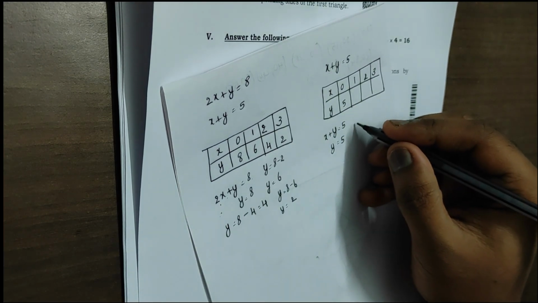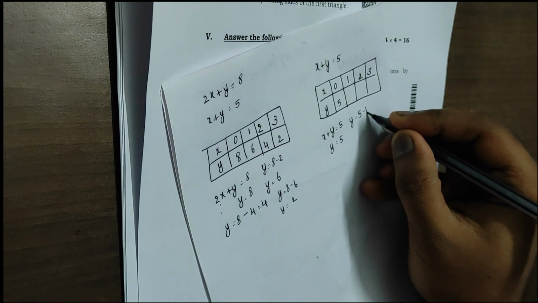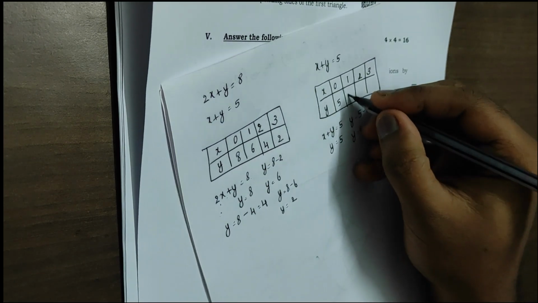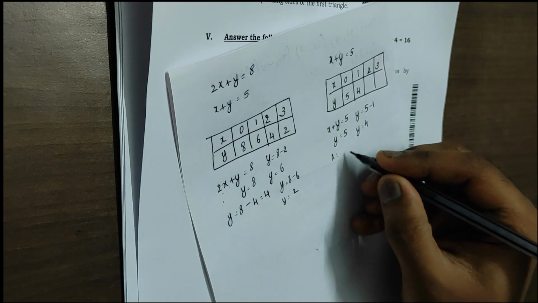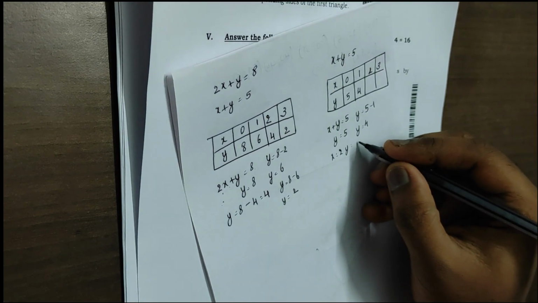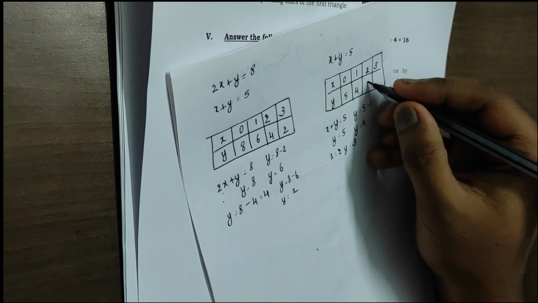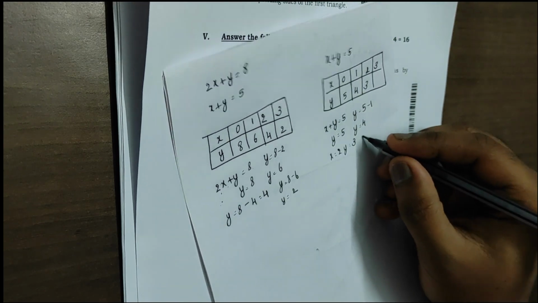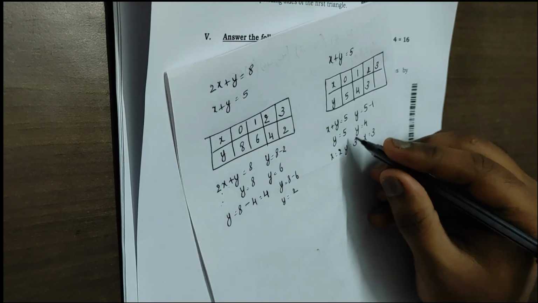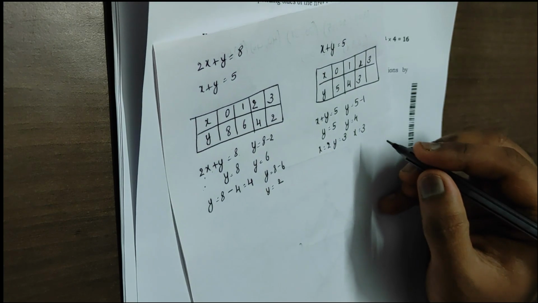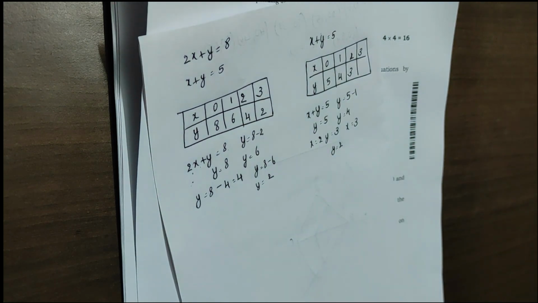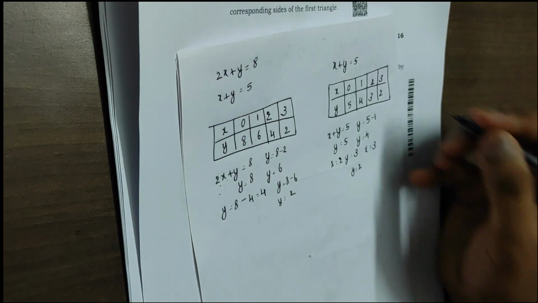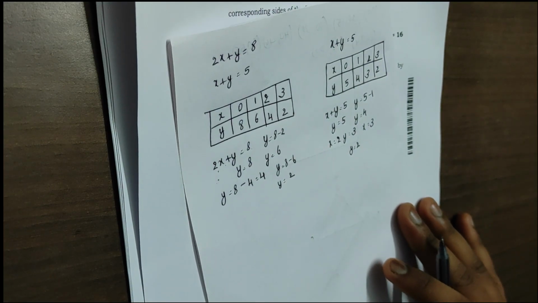When x is equal to 1, y is equal to 5 minus 1, y is equal to 4. When x is equal to 2, y is equal to 5 minus 2, that is 3. When x is equal to 3, y is equal to 5 minus 3, y is equal to 2. Done. Now we have got all the values for corresponding values of x.